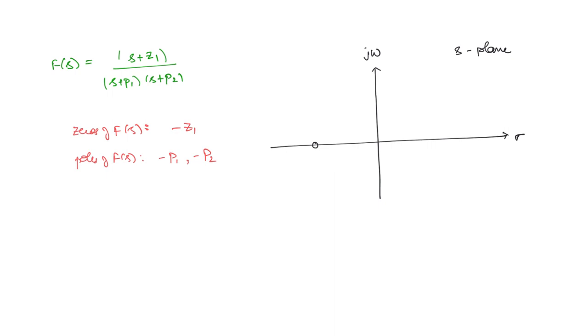We are taking the values arbitrarily, and the poles let us take to be here. Their real part will be the same, and the imaginary part, if one is plus omega 1, the other is going to be minus omega 1. So this is minus z1, this is minus p1 and this is minus p2.